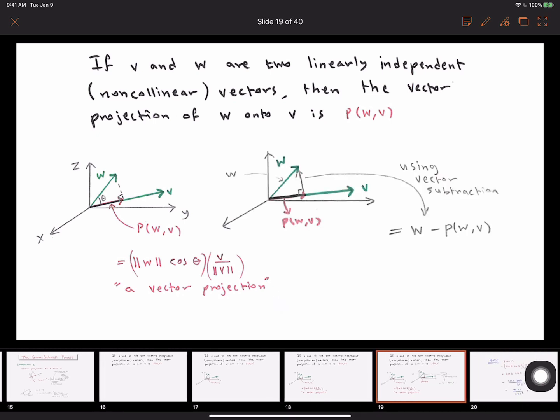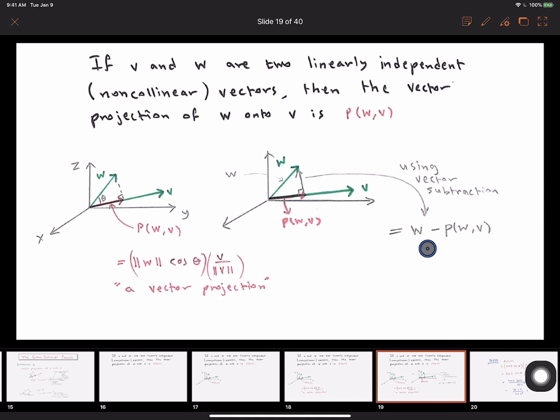Now, focusing on that right triangle, we're going to point to the side opposite to the angle theta. This side right here is going to be my opposite, which I'm going to use the subtraction from my first introduction.